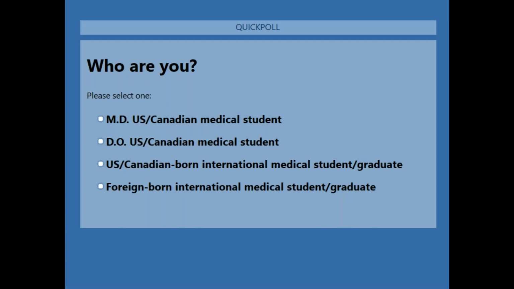We'll leave the poll open for about 15 to 20 seconds, because it takes a little while for all the responses to tabulate. So go ahead and pick an answer, and then I'll share in just a little bit.